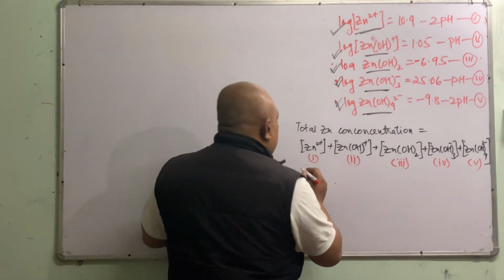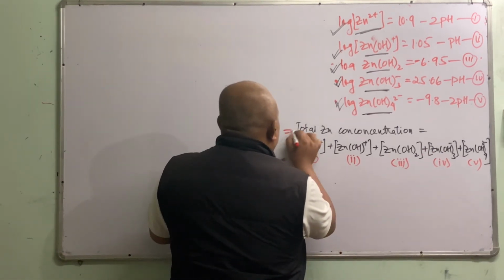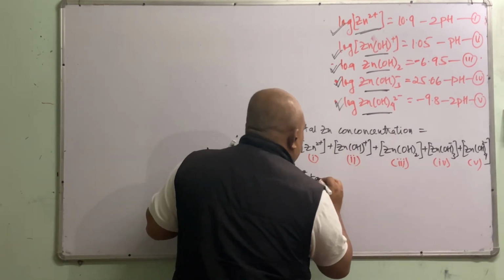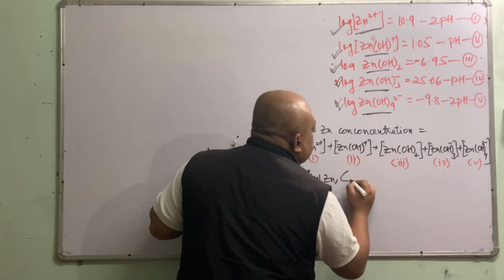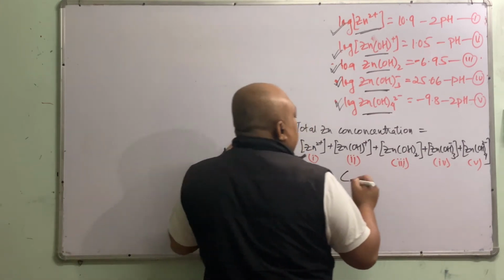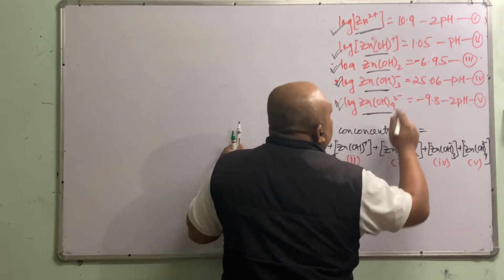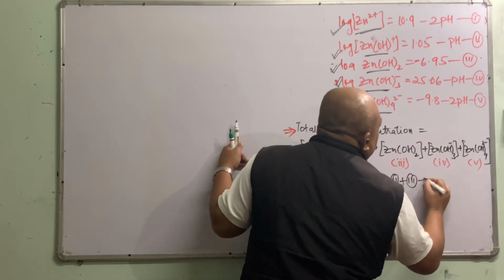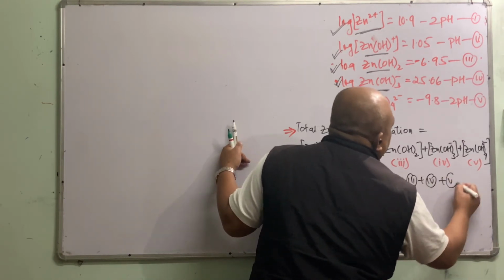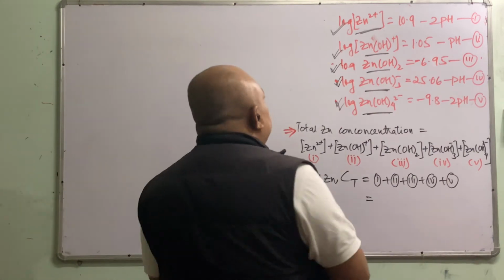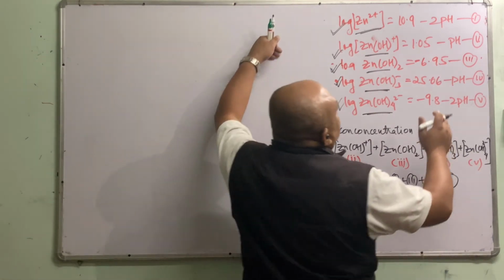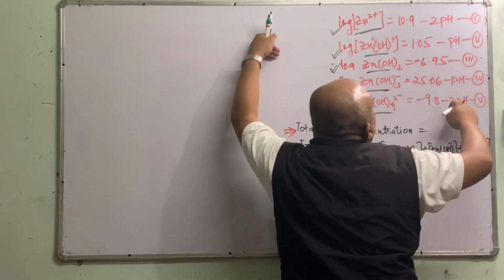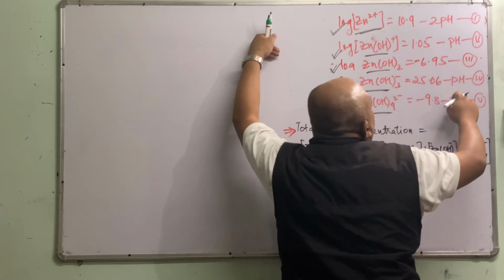For total zinc, we call it CT. The complete expression is equation number 1 plus 2 plus 3 plus 4 plus 5. How much does it give? For the pH, all the pH terms are negative. So 2, 3, 4, 5, 6.